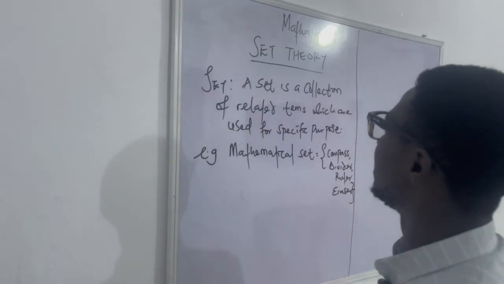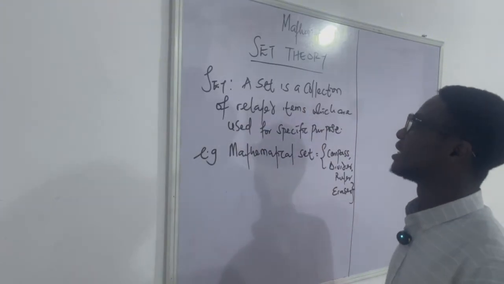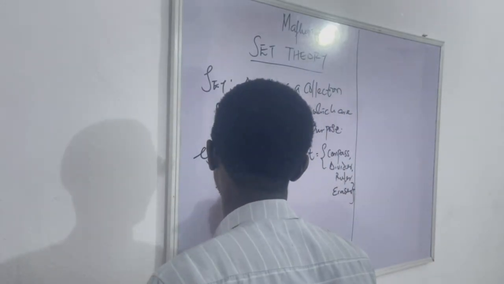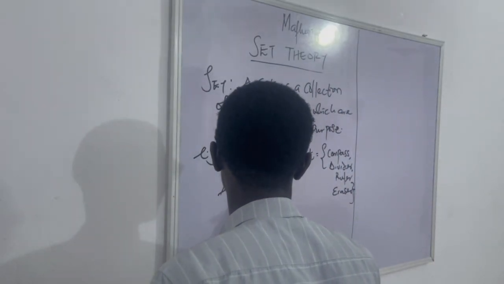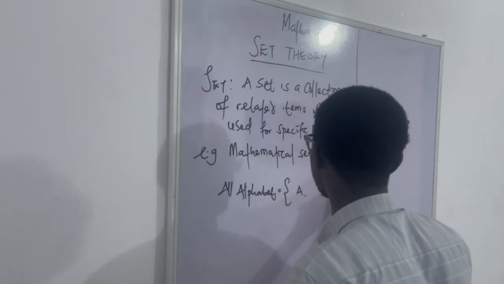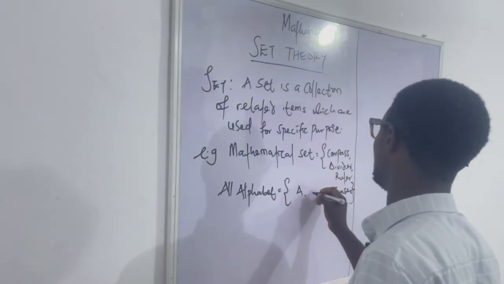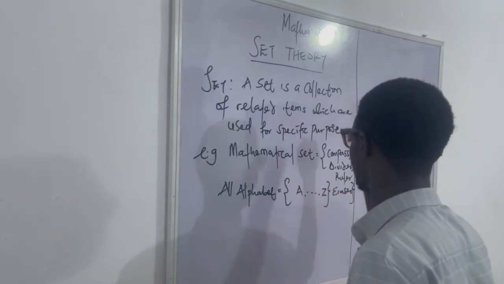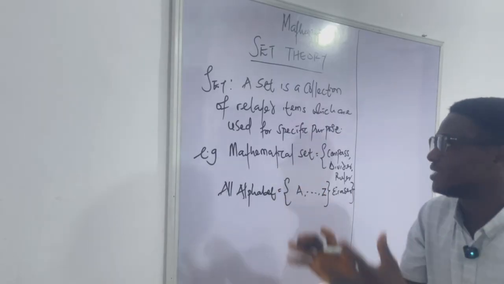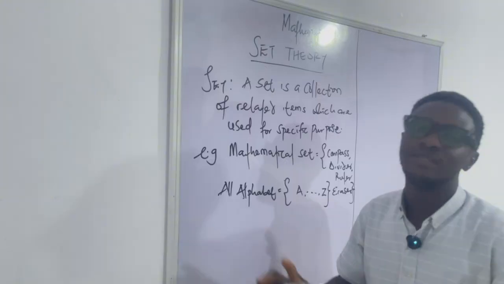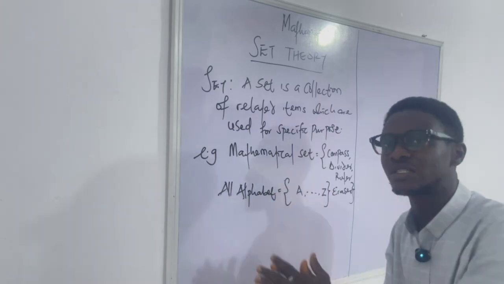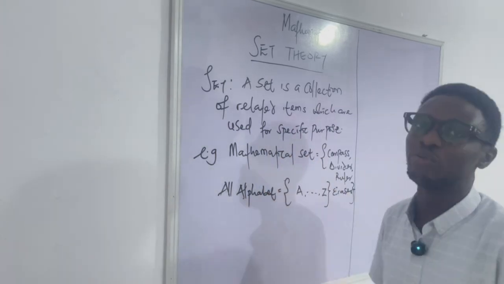We can as well call it grouping numbers, let's say all alphabets: A, B, C, D, E, F, G, H, till you get to Z. So they are collections of related data, collections of related items for specific purposes or for certain reasons.